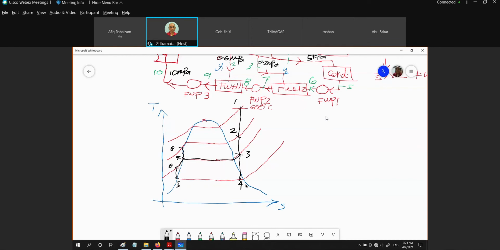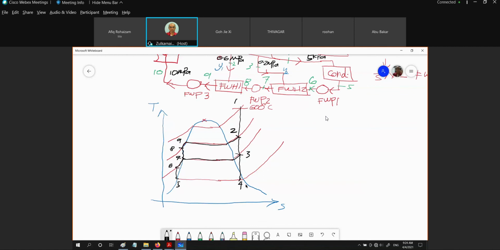And the increment from 8 to 9, this is 9, is due to the heating process in feed water heater number 1.